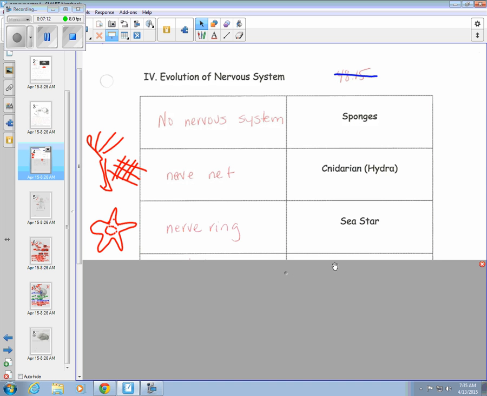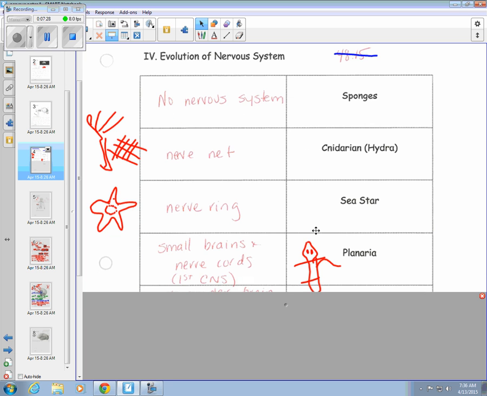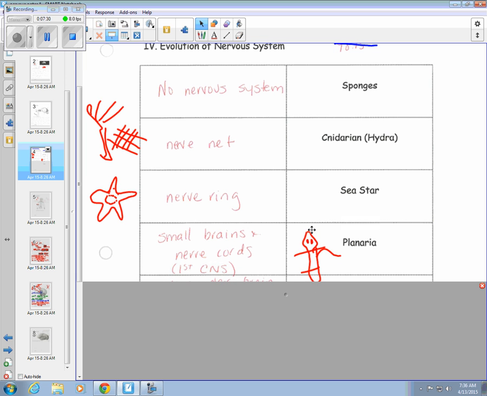A sea star or a starfish has what's called a nerve ring. So it has a ring of nerves around the central part of the star shape. A planaria, which is an organism I've talked about in class before, this will be its head, these are its eye spots, this is its body.